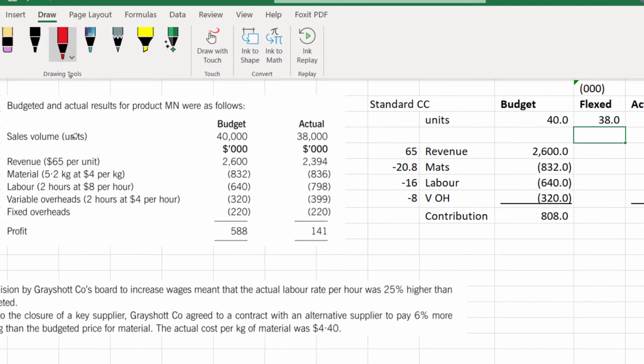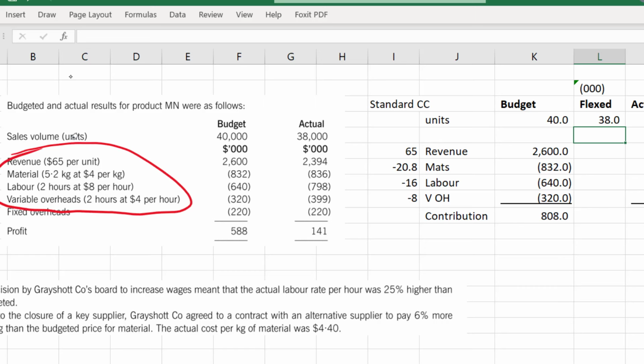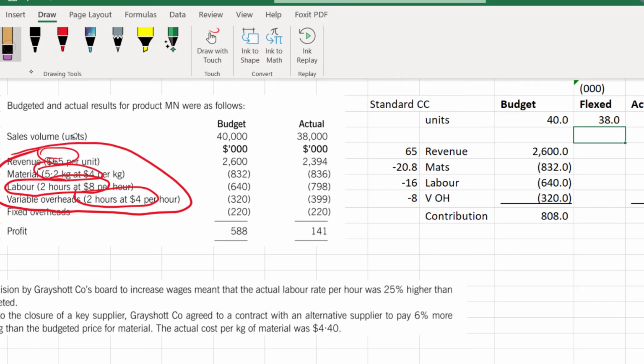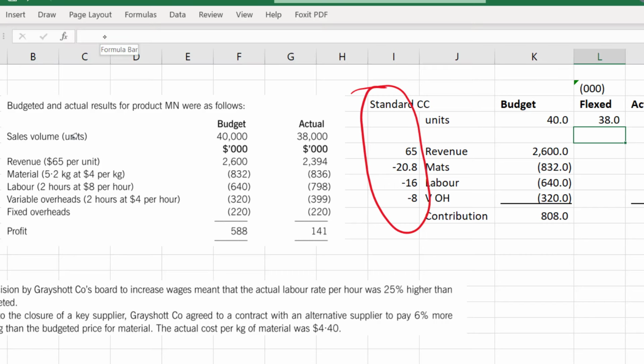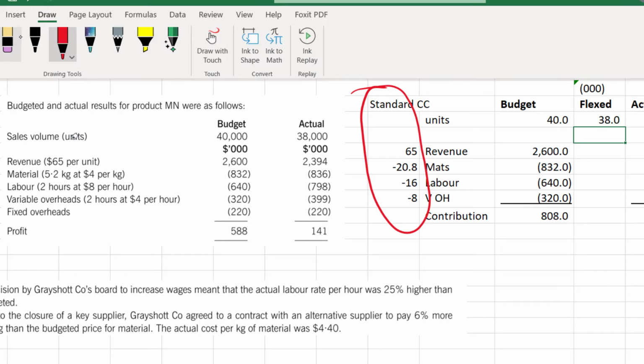And we've got the unit level items here from the budget, also known as the standard cost card. $65 per unit for the selling price, 20.8 for direct materials, 16 for labor, 8 for variable overheads. I've reproduced those standard cost card lines right there, so we can go fast.